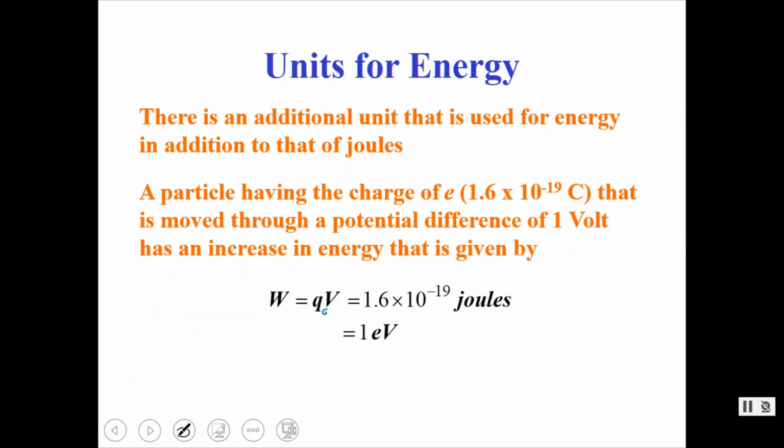So work is Q0 times V. But if our test charge is assumed to be an elementary charge, either a proton or an electron, then you get e times V, where e is the elementary charge, 1.6 times 10 to the negative 19 coulombs. Since this is a unit of work, it's also a unit of potential energy.